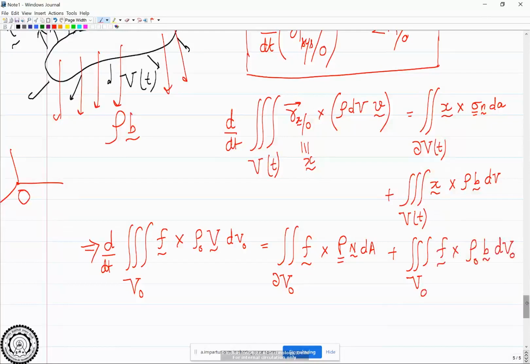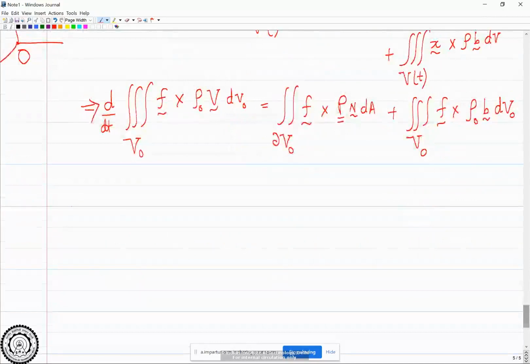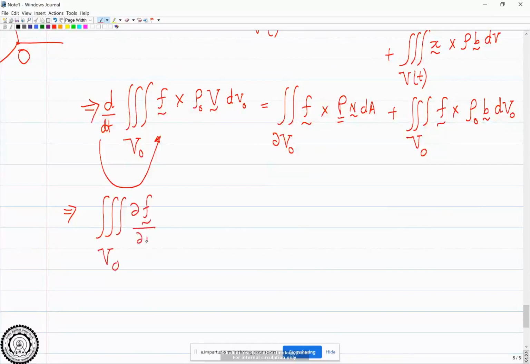All right. And then I can slide this thing inside the integral, isn't it? So you have the integral over V naught, and you see it becomes del f by del t cross product rho naught capital V plus f cross product rho naught del V by del t, product rule.